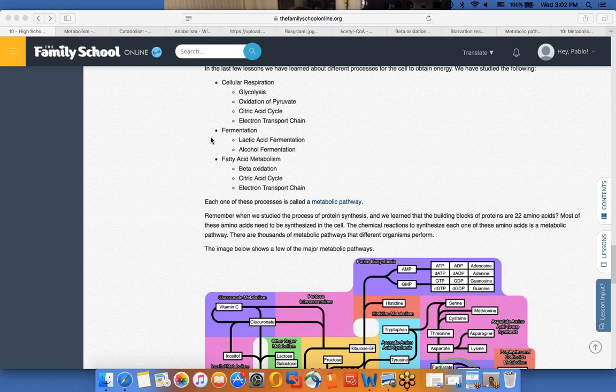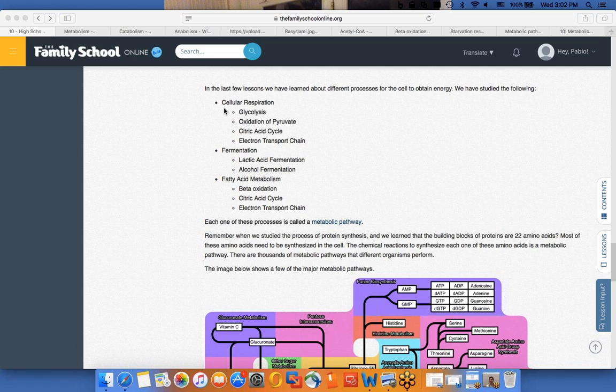Okay. All right. So the point here is that there are different pathways, different processes for the body to obtain energy. Cellular respiration starts with glucose, and we end up with carbon dioxide, water, and ATP.